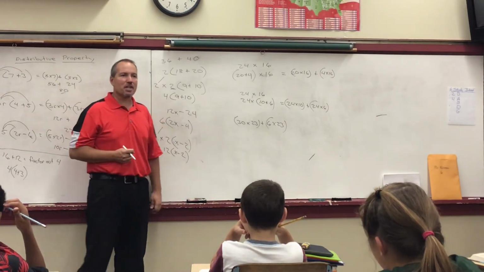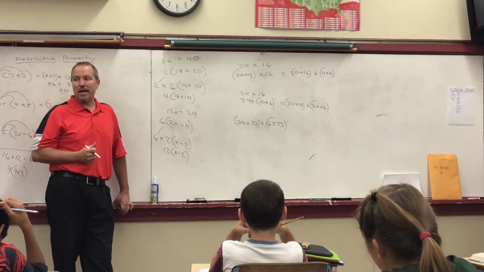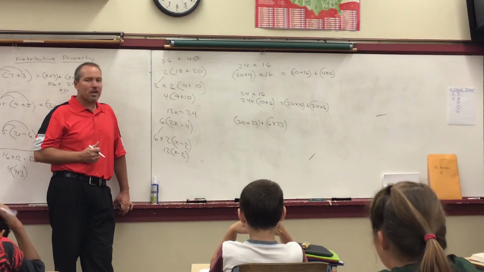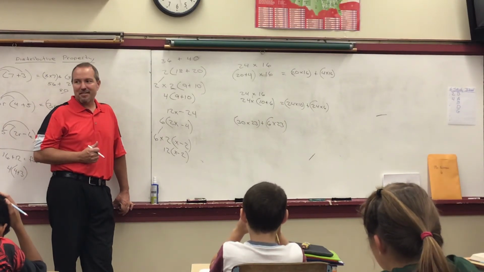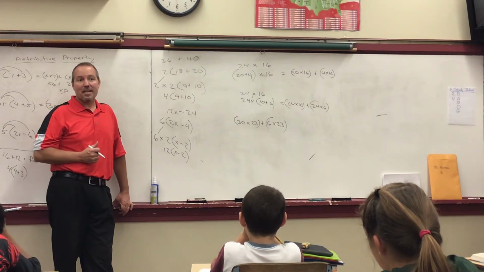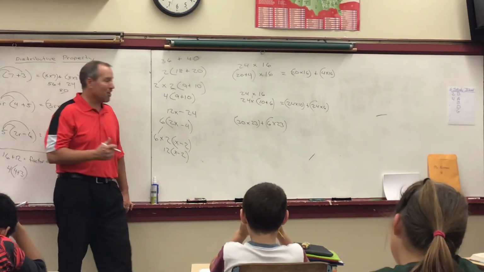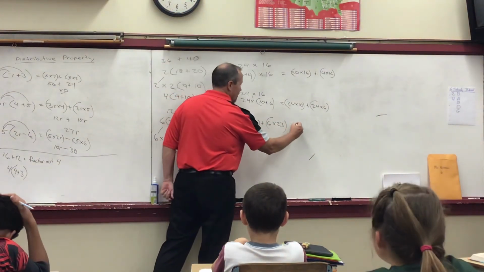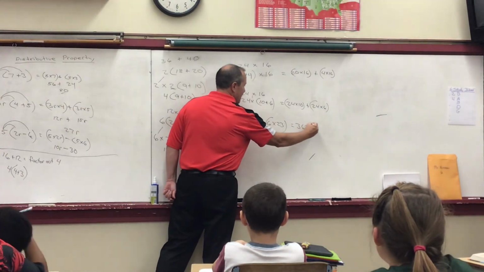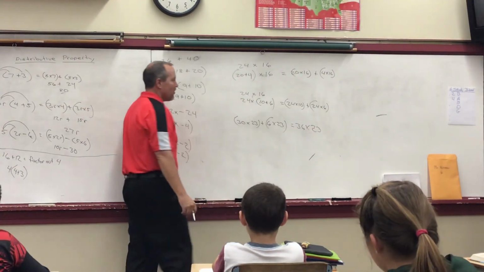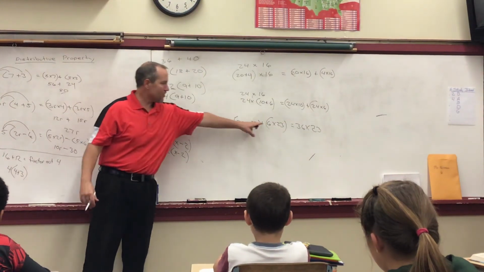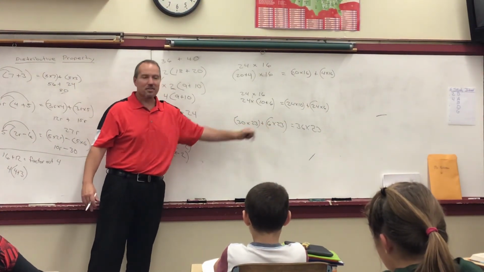What number was broken into expanded form? Wyatt? 30. 30 and? Landon? 6. Making what number? 36. And so, if we put it back together, we would have 30 and 6 makes 36 times 23.